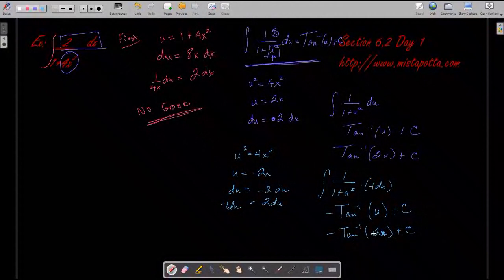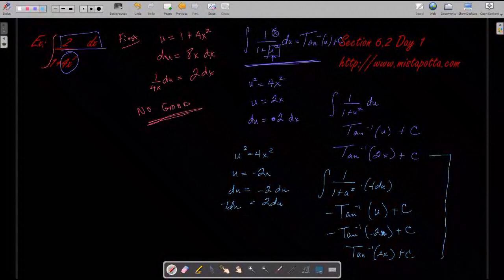And the function of a negative variable eliminates this negative on the outside, so I end up with tan inverse of 2x plus c. I end up with the same thing, no matter which of these roots, the principal root or the negative, I start with.